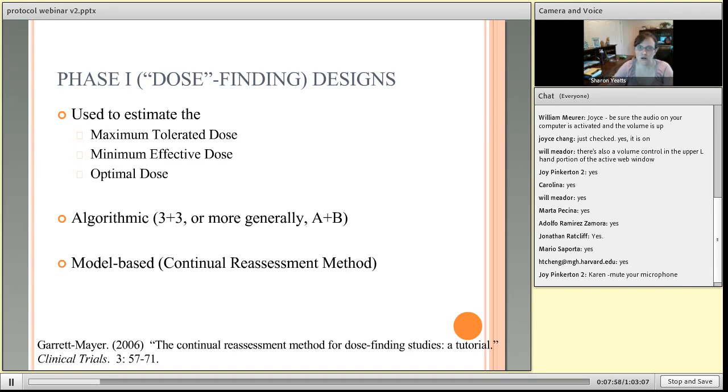Okay, the same would be true for the minimum effective dose. You might define the minimum effective dose as the dose at which at least 50% of your patients achieve a favorable outcome. But that definition of favorable outcome is going to be specific to your particular disease, your particular patient population.